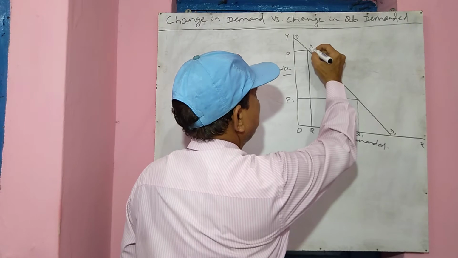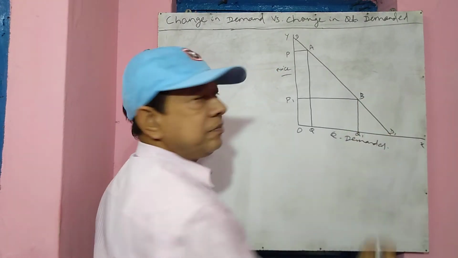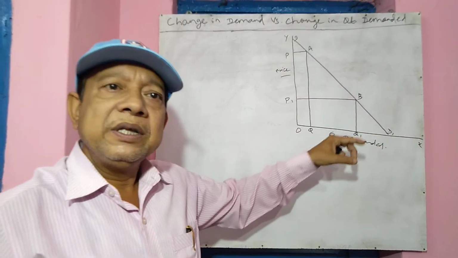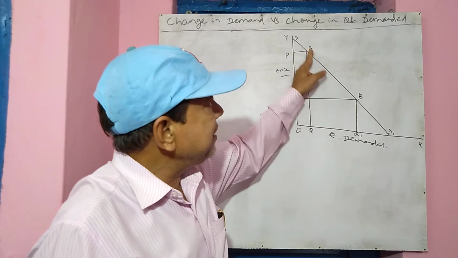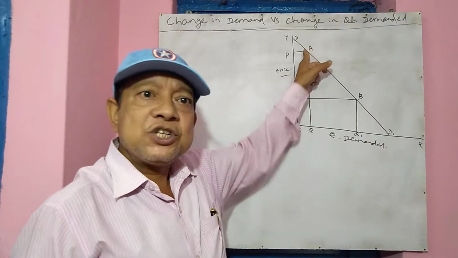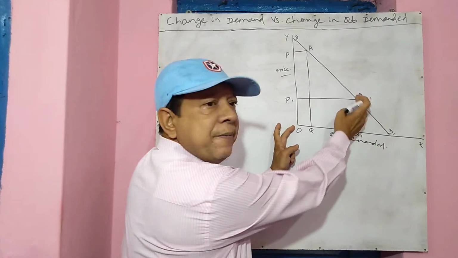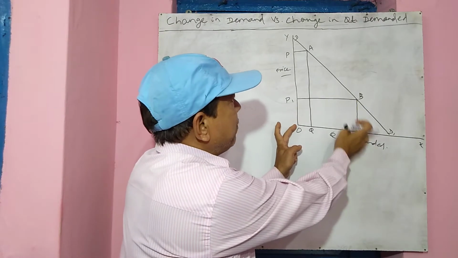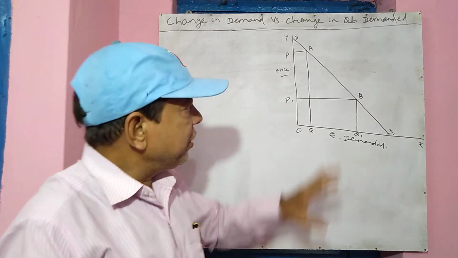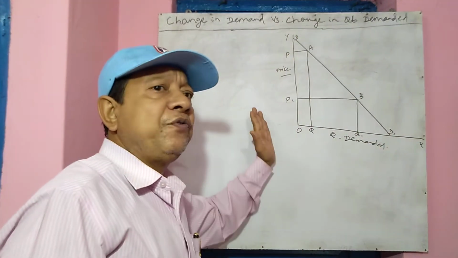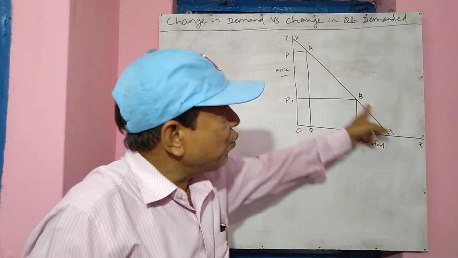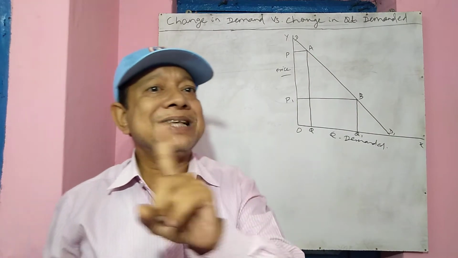That is when we move from point A to point B. This movement from point A to point B is expansion of demand, that is, demand expands with a fall in price, and movement from B to A is contraction of demand, because at point B we demand OQ1 of goods, but at point A we only consume OQ of goods. So whether it is expansion or contraction of demand, we show this in one demand curve.